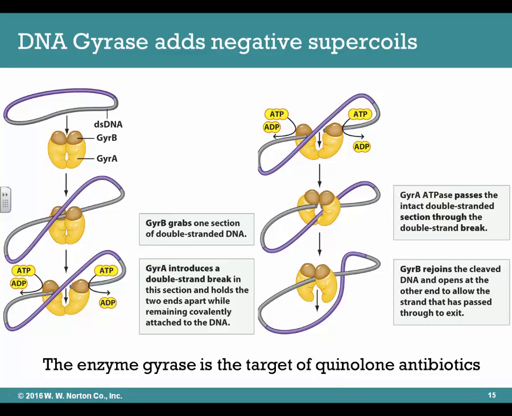And it's a selective target because these enzymes are present in bacteria but not present in our own eukaryotic cells. So it's a good target for selective toxicity of antibiotics.